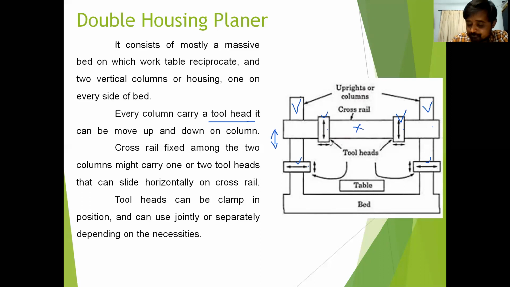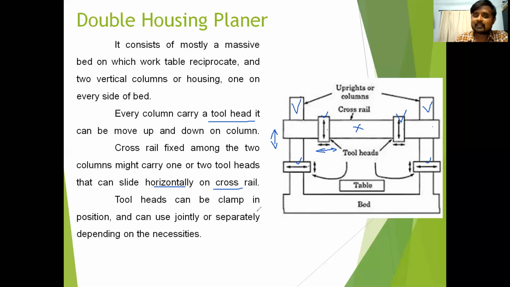And also we can adjust the distance between the two tool heads. We can move these tool heads towards the center of the workpiece or away from the workpiece. So you can slide these cutting tool heads horizontally on the cross rail.